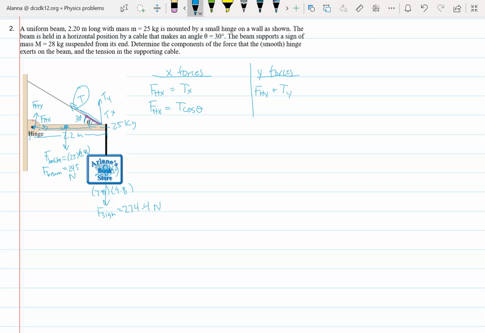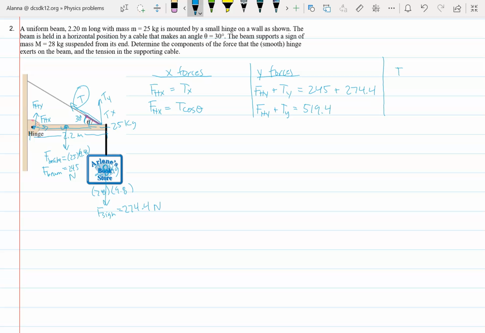And my forces going down are the force from the beam itself, and then the force from the sign, which is just the weight of the sign and the weight of the beam. So that's going to equal 245 plus 274.4. So FHY plus TY is going to equal 519.4 newtons.